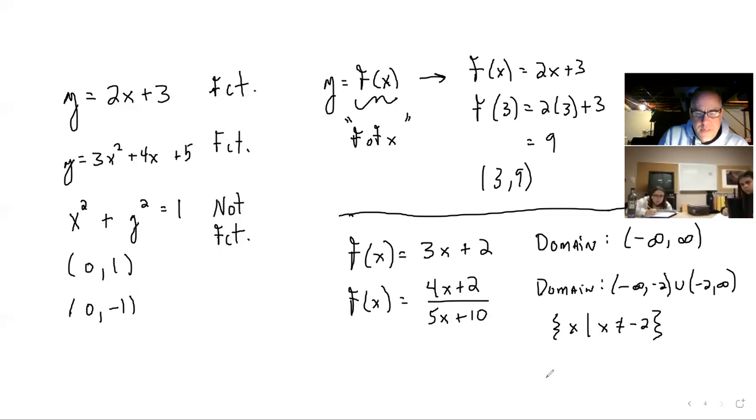Okay, let's look at another one. Let's use g of x, and this time something different: the square root of x plus 5. Here, we know we can't take the square root of a negative number, because that's going to give me a complex number. So I just need values of x such that x plus 5, what's underneath the square root, is greater than or equal to 0.